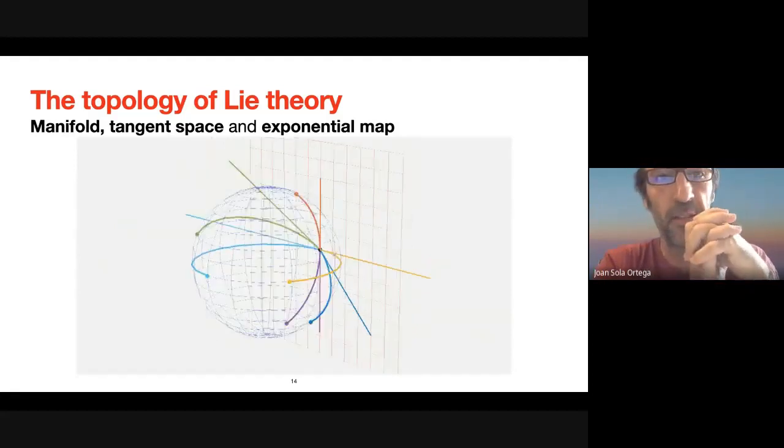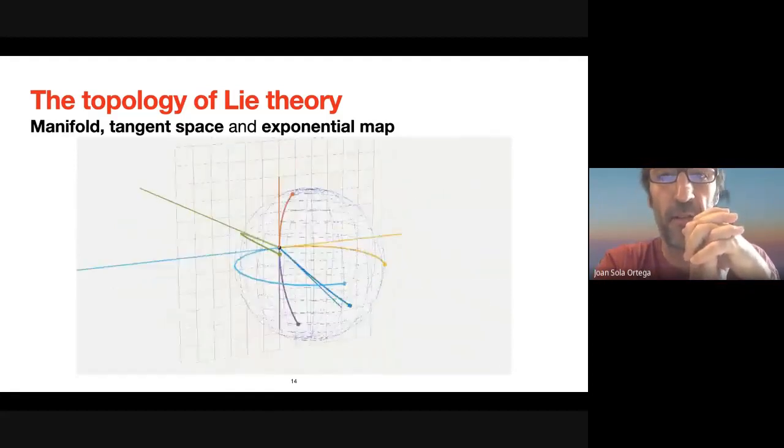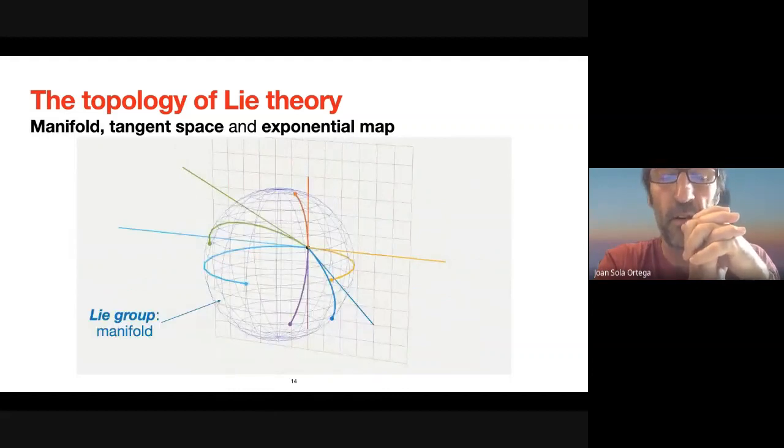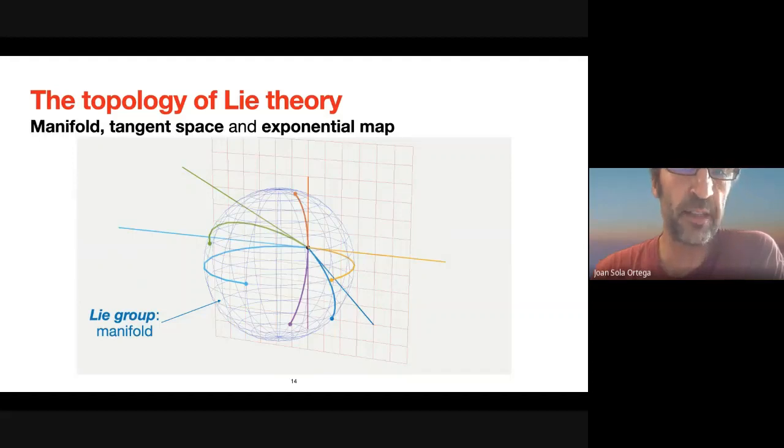Okay, so let's talk about the topology of Lie theory. I told you at the beginning that this is quite geometrical, and actually we can draw quite a lot of things that involve Lie theory that are visible geometrically. I like geometry a lot, so I prefer to explain things geometrically rather than in hard mathematical formulas.